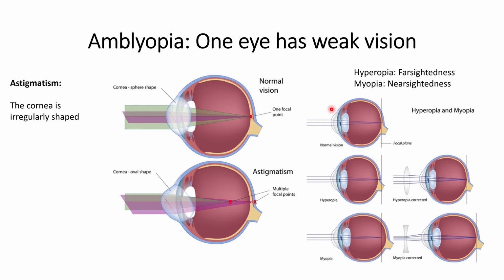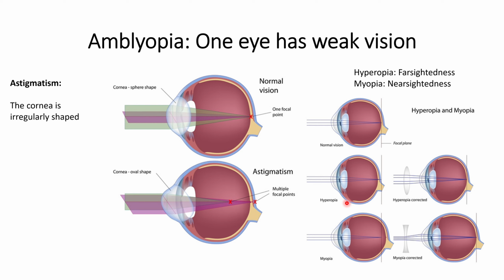In the normal case, images are formed at the retina, or at the focal plane, whereas in hyperopia, images are formed after the retina. Because of this, a blurred image is formed. The patient is able to see only a blurred image, but after correction with a hyperopia corrected lens, we can form the image at the retina.